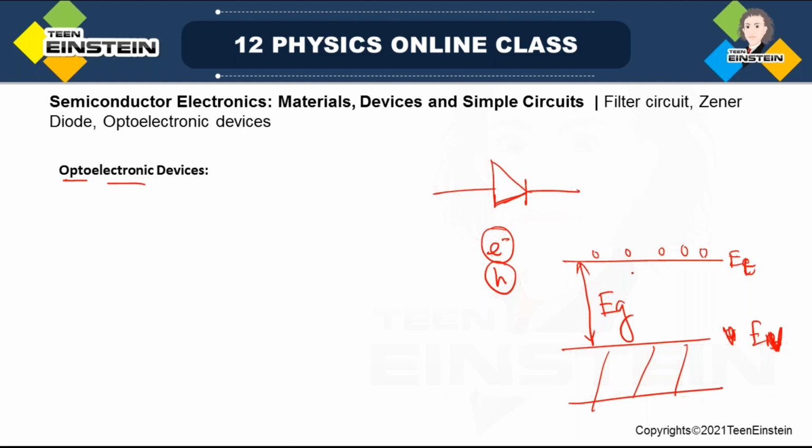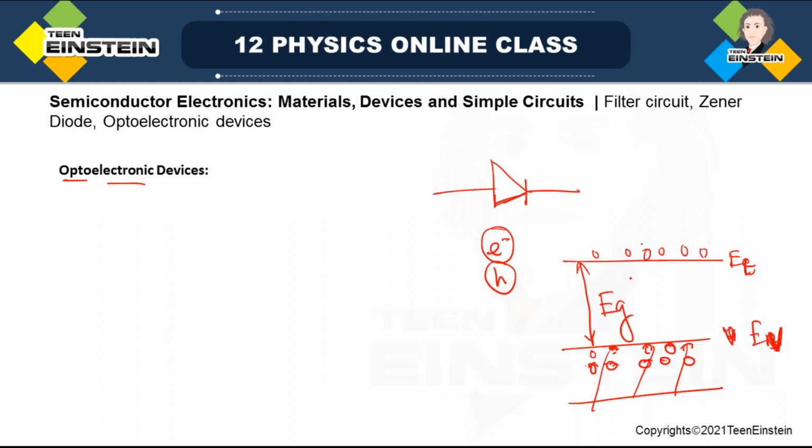At room temperature, electrons will be highly populated in the valence band, but there will be very rare population in the conduction band. So if you want to get current, you have to populate the conduction band by taking some electrons from the valence band to the conduction band.